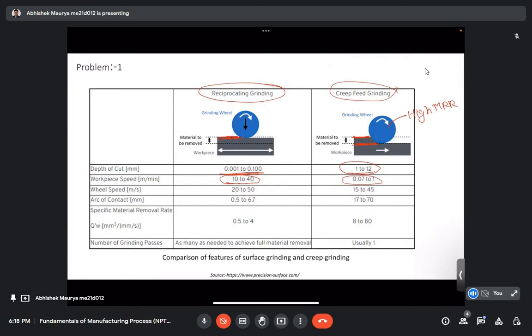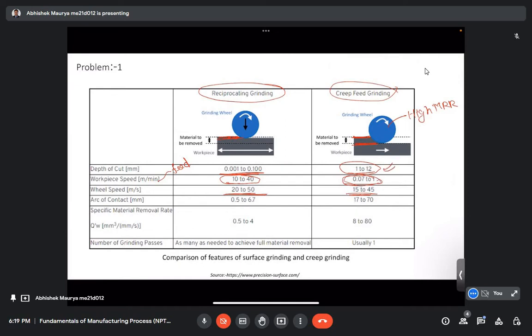Similarly we can compare other properties like wheel speed. There is not much difference in the wheel speed, but there is a significant difference in the workpiece speed, that is also feed. So here we can give higher feed, but here the feed value is very small, but depth of cut is very high.